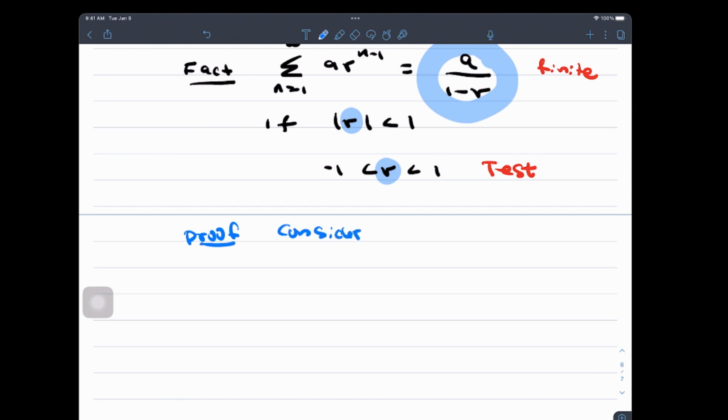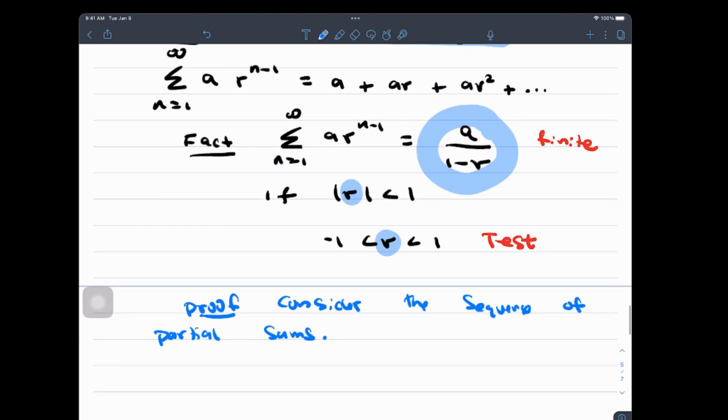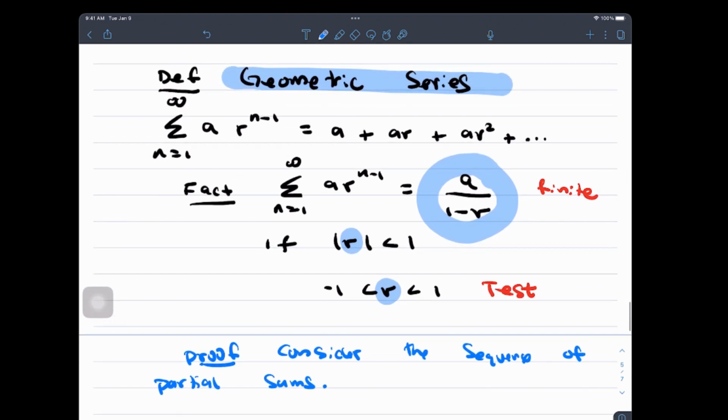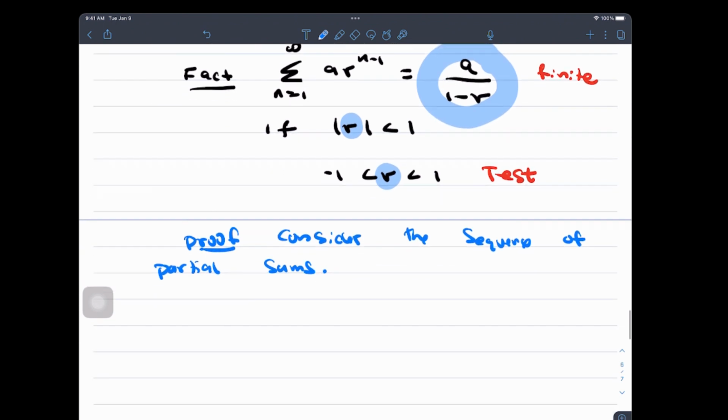Consider the sequence of partial sums. I essentially did a particular case with this prior example. So here's how we do that.